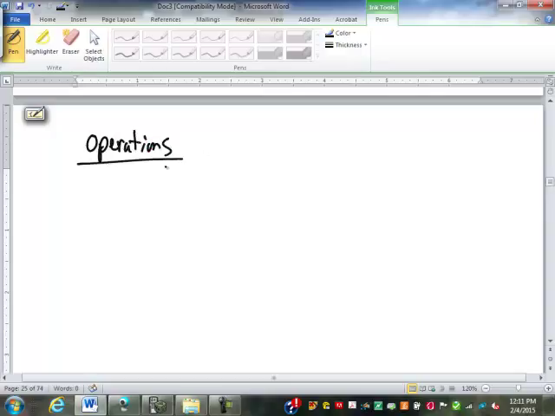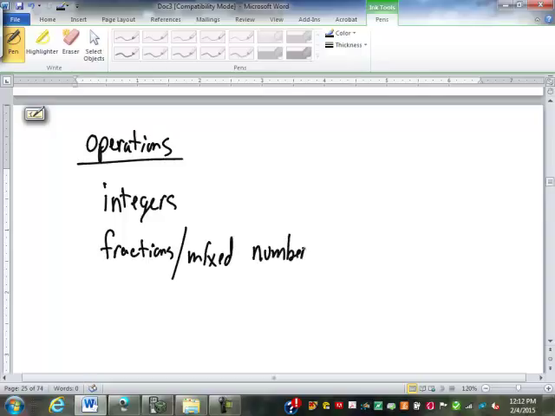There will be operations with integers, so positives and negatives, fractions and mixed numbers, decimals, and order of operations.